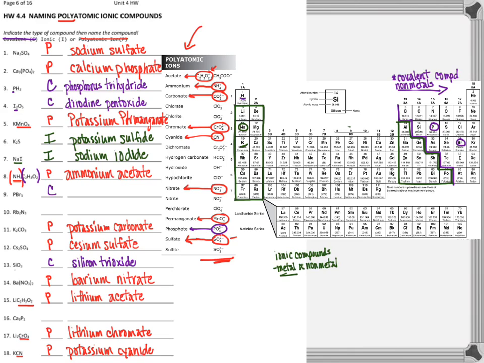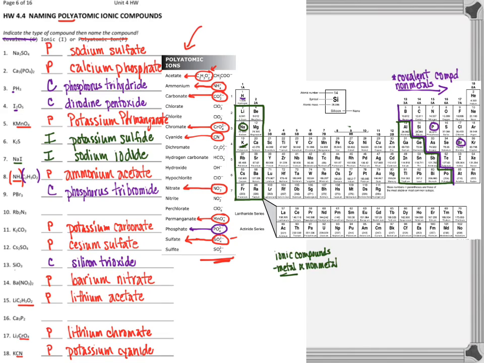So that was my mistake. So in this case, it would be phosphorus tribromide. I apologize for that. Okay, but that's just a good example of why we must always go back to our periodic table of elements.